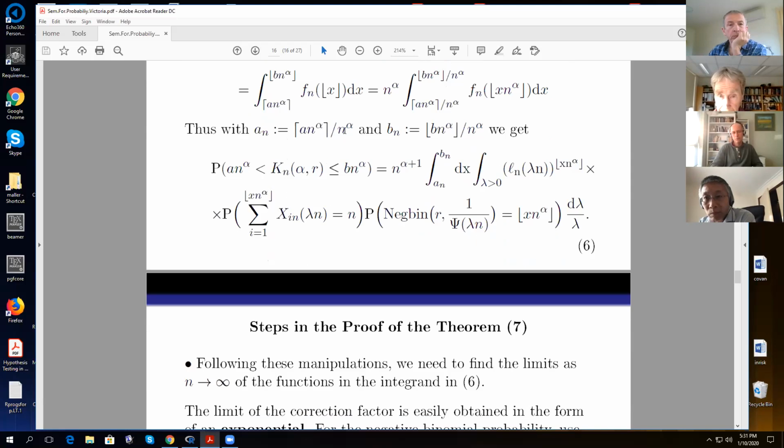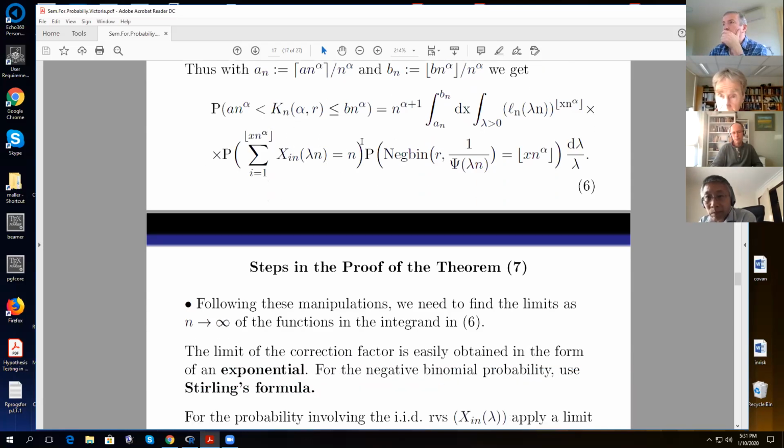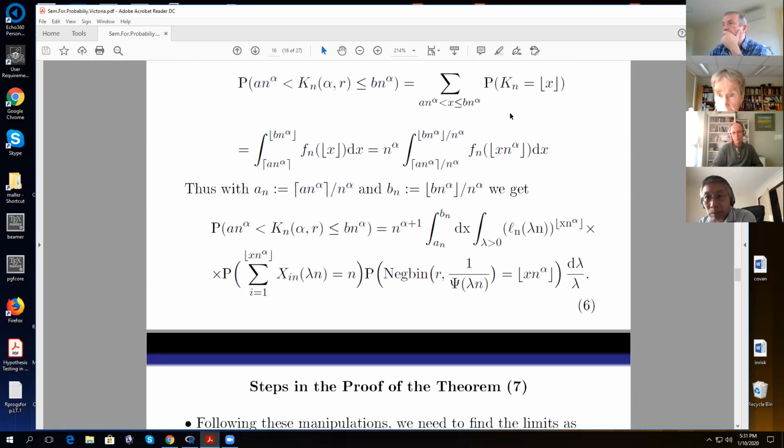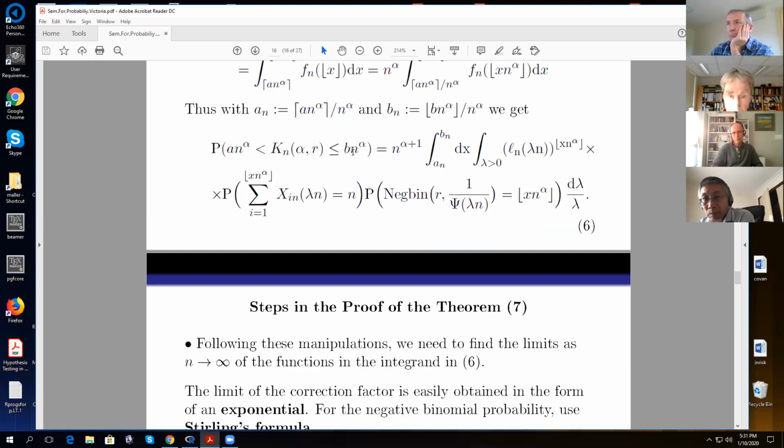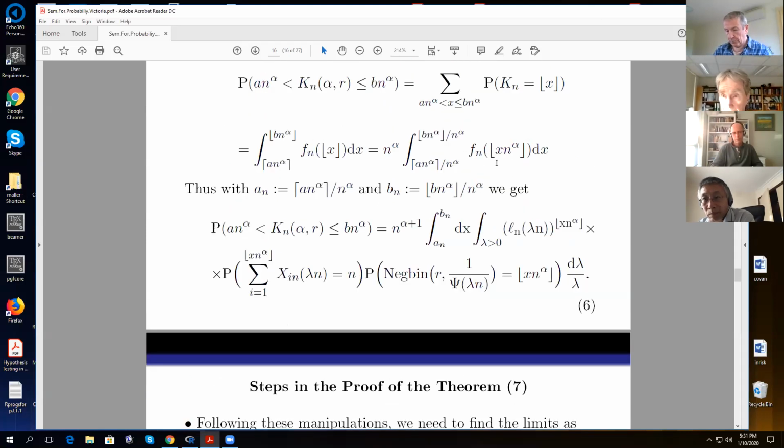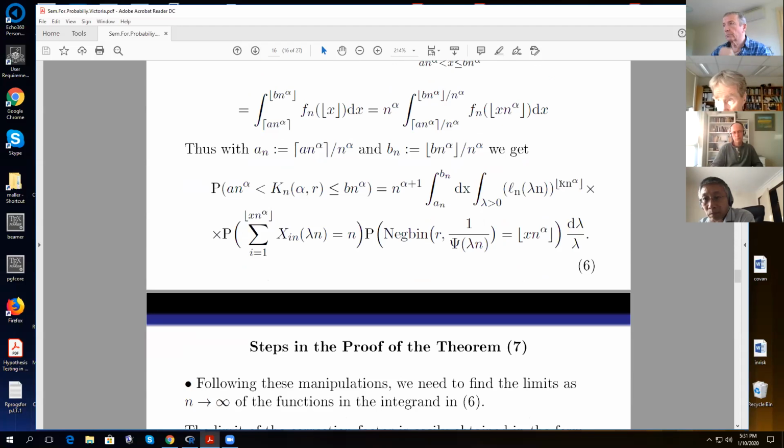What we end up with is that we sum over the mass function to get the CDF, and that can be written as an integral. So that's where the dx integral comes from. The k's that were in the previous formula now become xn to the alphas.